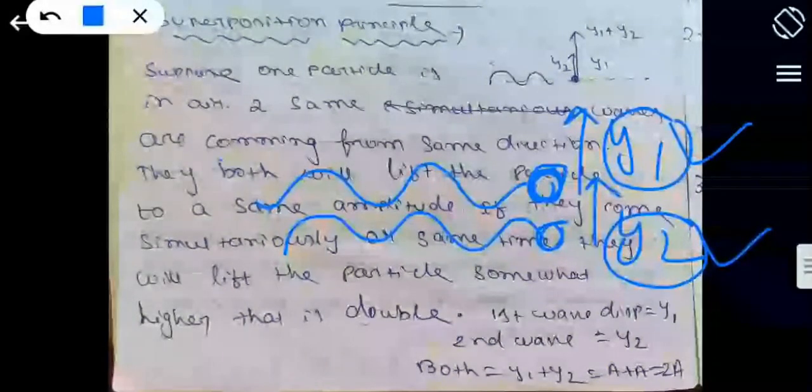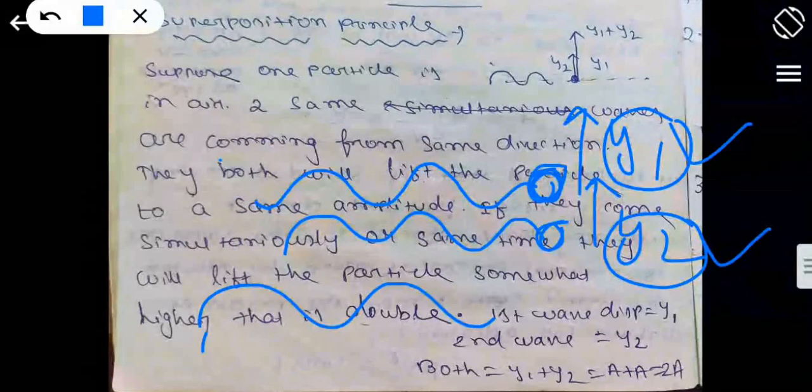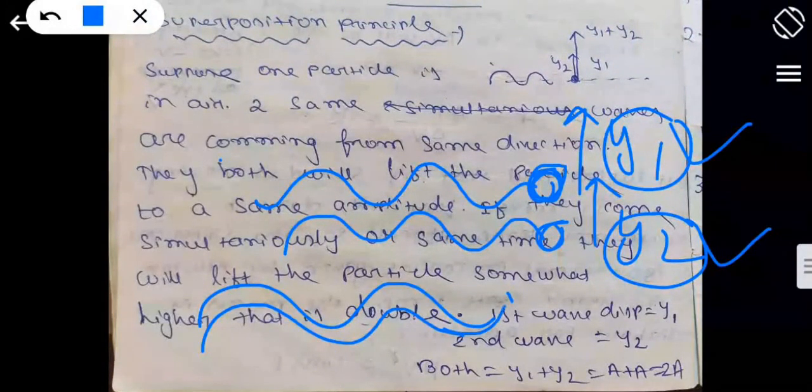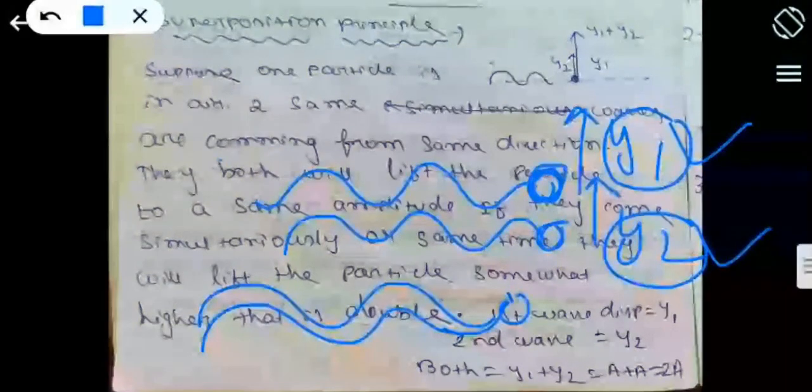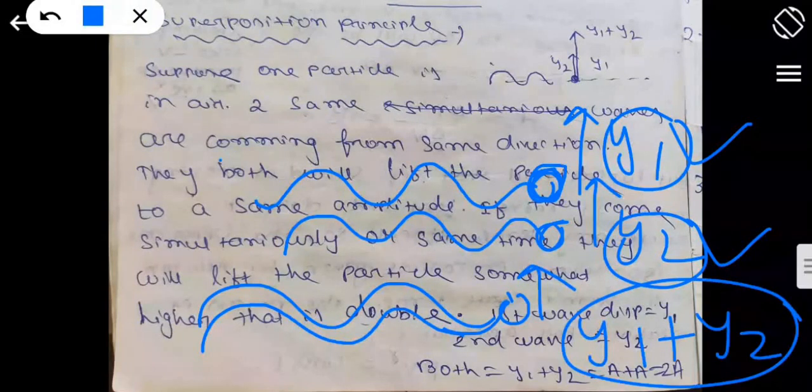Same amplitude. But if both of them come together, how much will they displace this particle? Obviously it should be y1 plus y2, because the single one was doing y1 displacement, and the second one is doing y2.